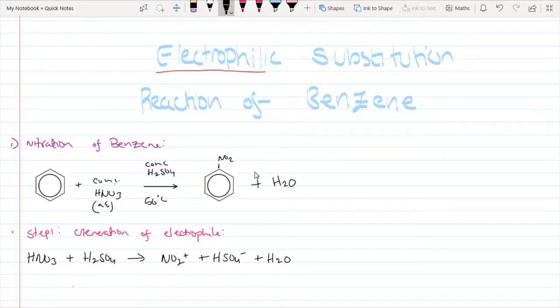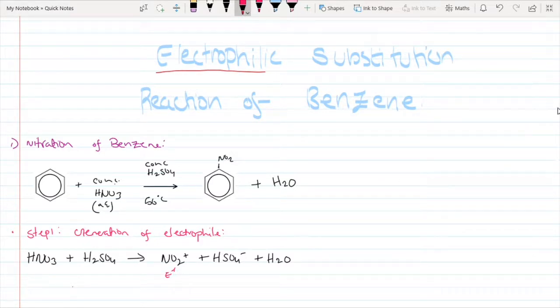Our electrophile would be this ion right over here, called a nitronium ion, and this would be our electrophile for this reaction.